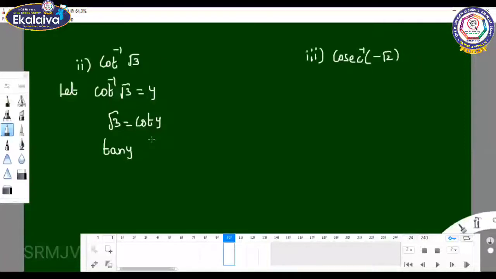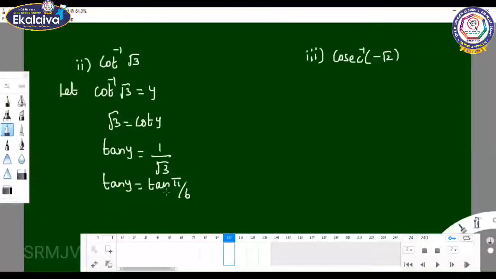Tan y. Taking the reciprocal on both sides, tan y equal to 1 by root 3. When you get the value 1 by root 3, see the trigonometric table, so tan y equal to tan pi by 6.